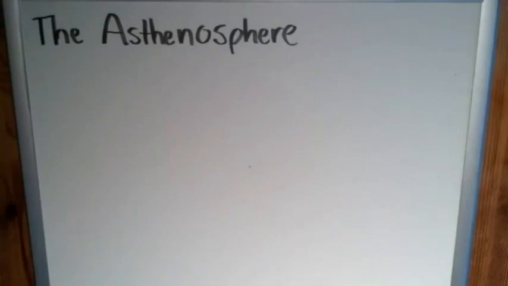As promised, we will now be talking about the asthenosphere, which lies directly beneath the lithosphere. Just one brief note, I never mentioned the actual Greek roots of the word lithosphere, which can be helpful, just because it's not as simple of a name as the mantle or the crust.